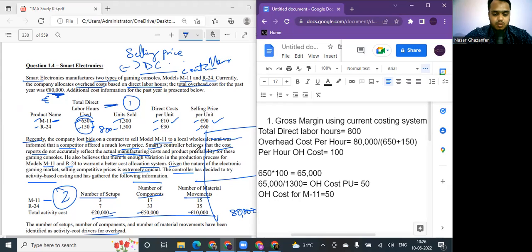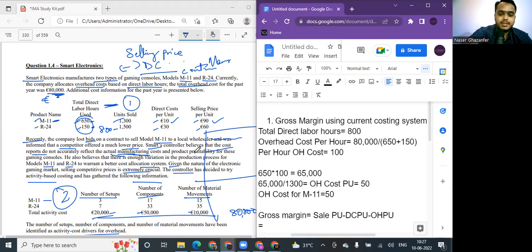Now gross margin is how much? Gross margin is equal to sales per unit minus direct cost per unit minus overhead per unit. So that equals how much?